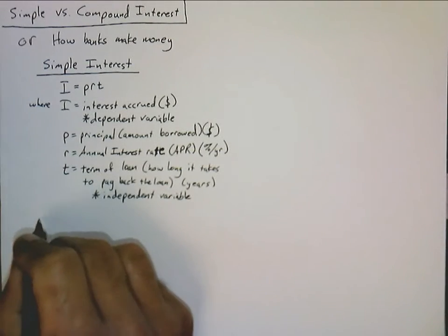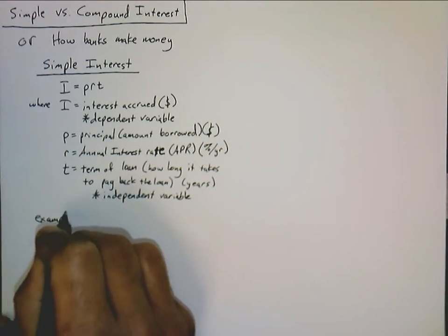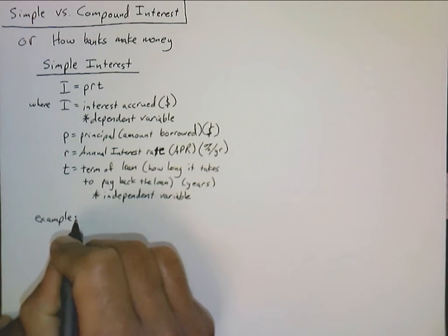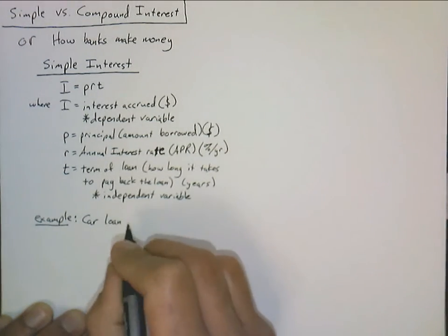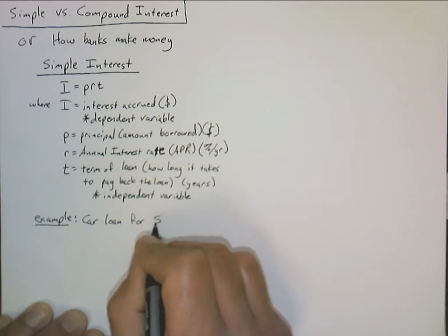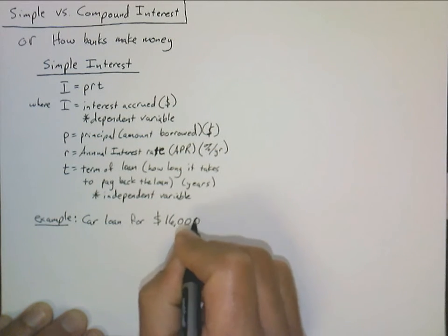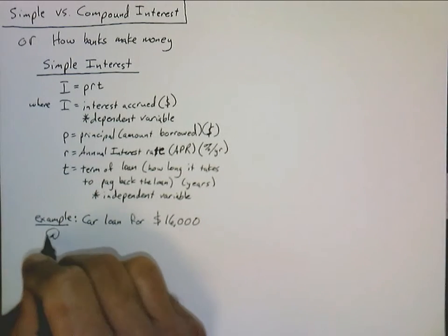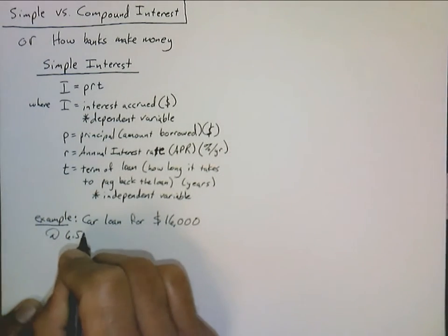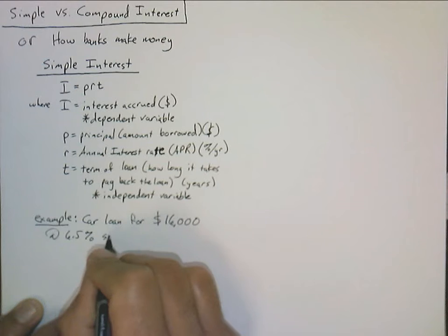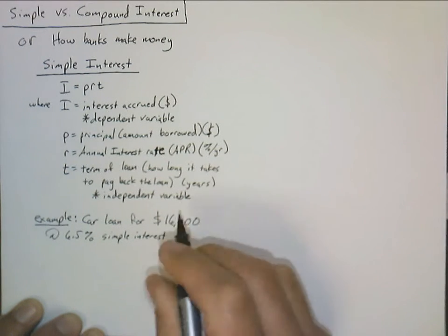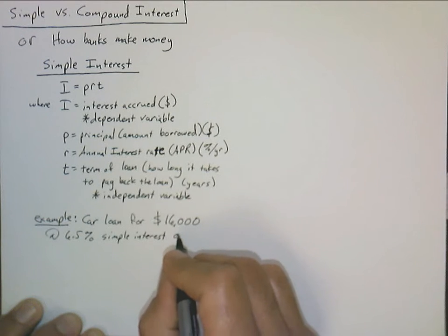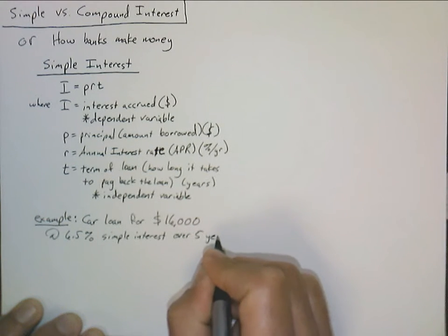So for example, suppose we take out a car loan for, let's say, $16,000 at 6.5% simple interest over 5 years.